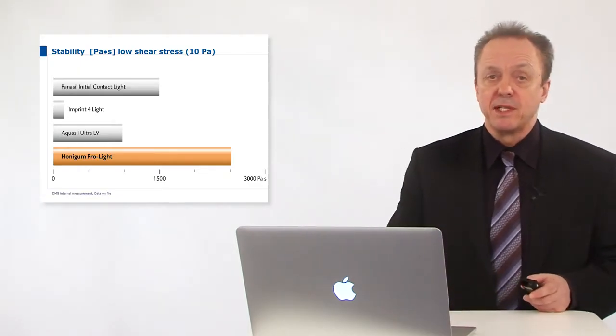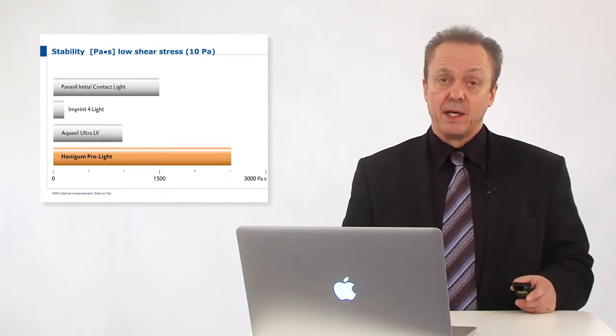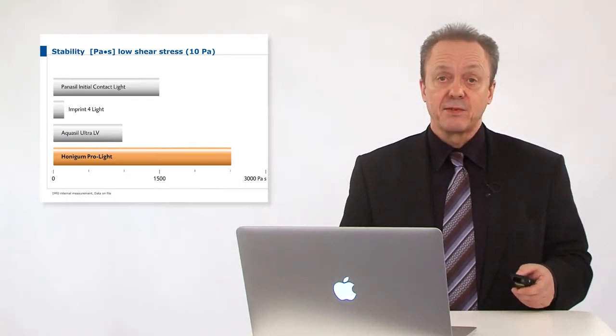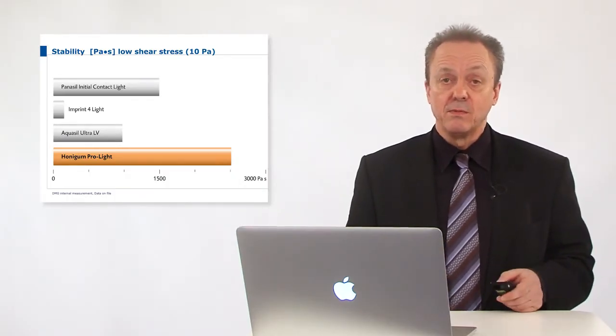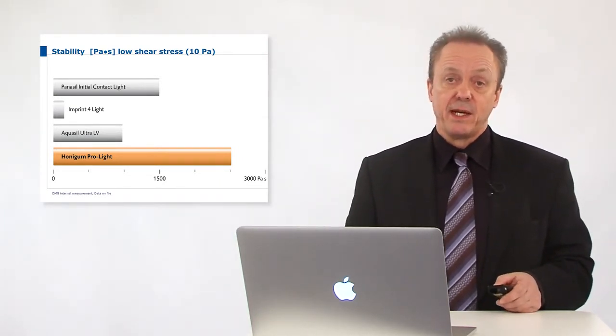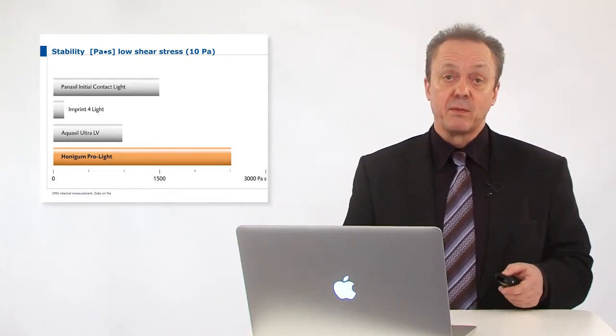The superb properties of our patented material can also be represented graphically, and in the chart you can see the highest values indicating the excellent stability of Honigum Pro versus those of its competitors. Under shear stress, when the impression is taken or moved with an air blow, Honigum Pro has an excellent flowability and has attained the best values in the chart compared with the competition.